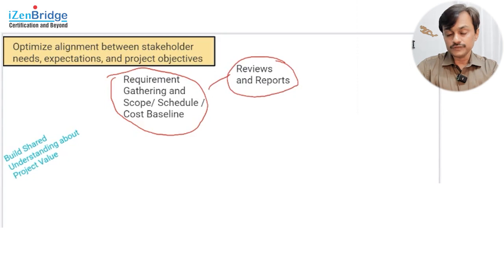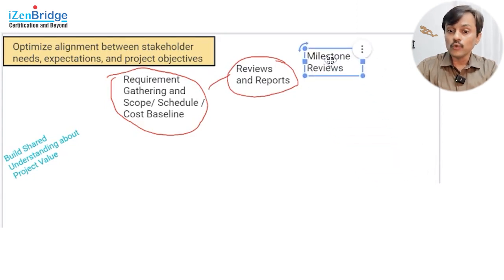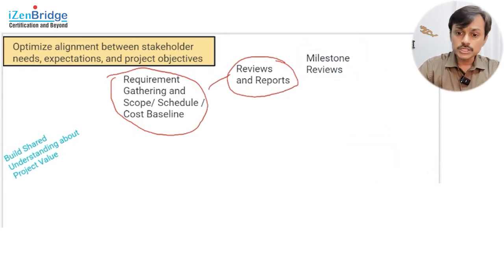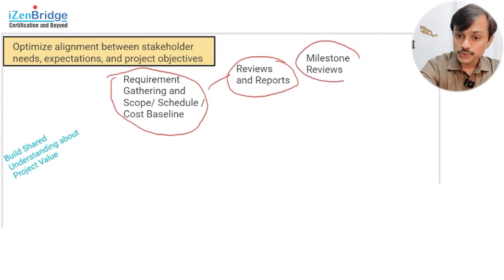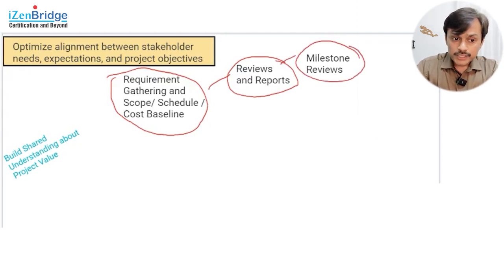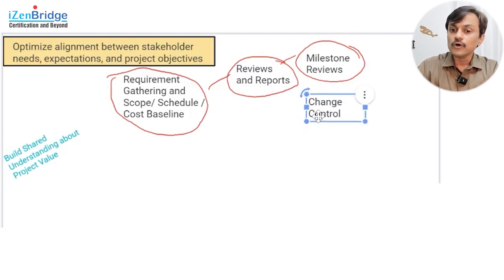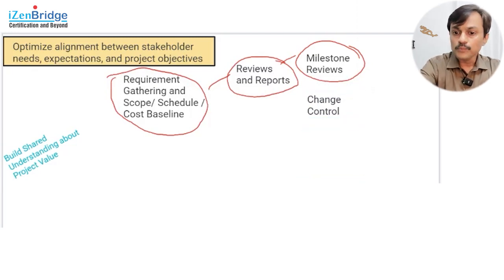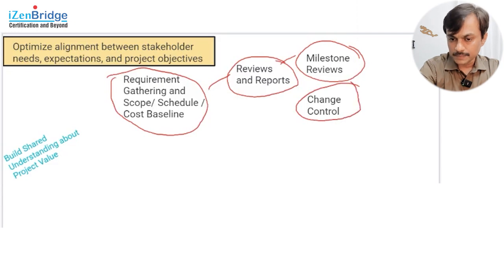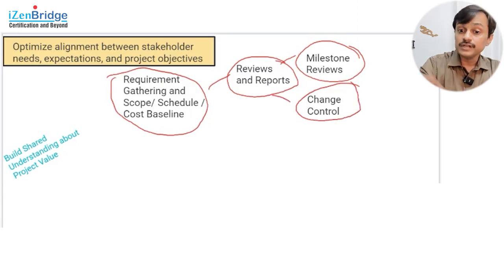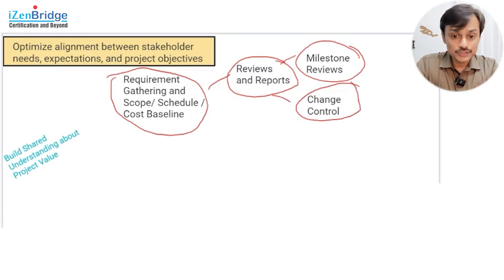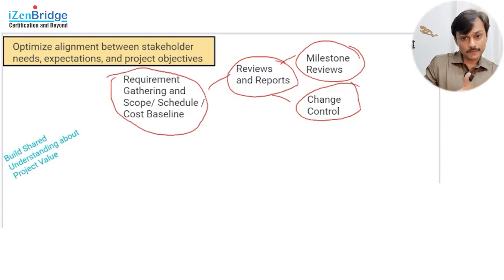Critically, some of the key stakeholders may be more involved in milestone reviews. So we need to continuously do milestone reviews to ensure that we have a common understanding of what we are doing. In order to ensure that we are not derailing from our baseline, I need to put change control in place. Whenever someone needs something, I need to say, okay, great idea, but I think we need to ensure that it is matching our project objective.